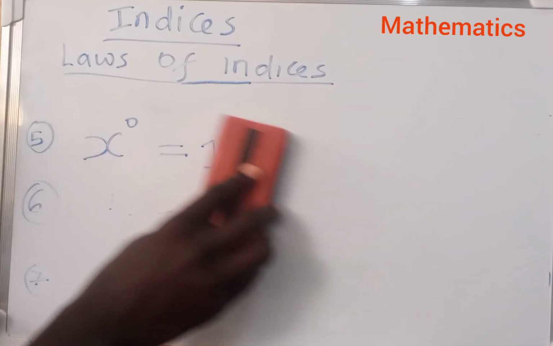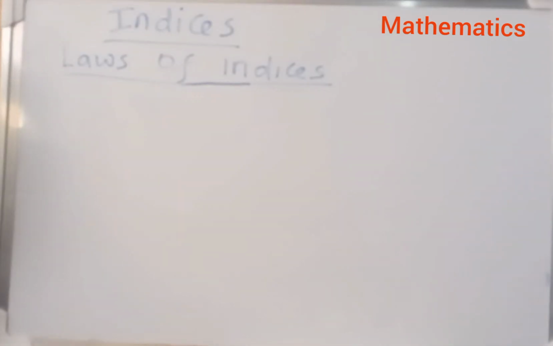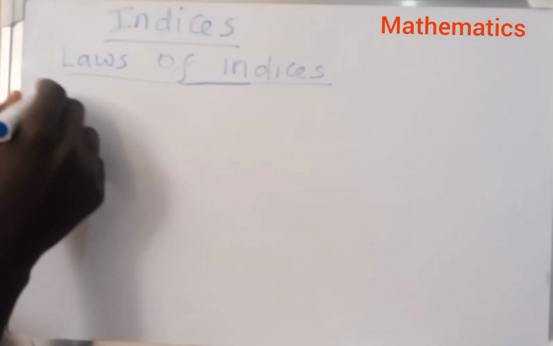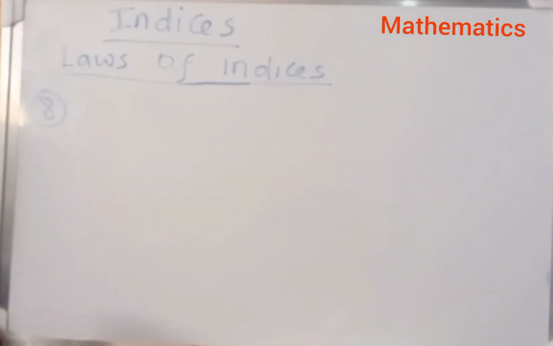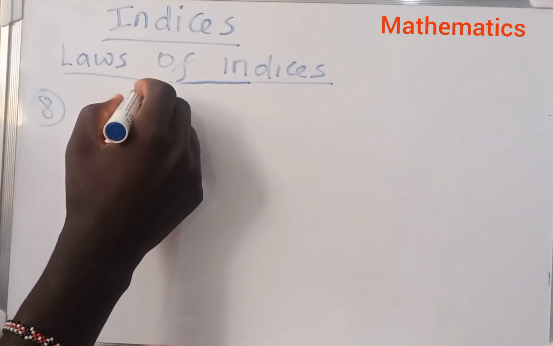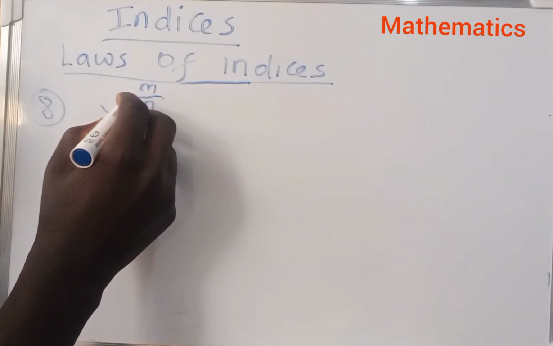Now, we can look at the eighth law of indices, number 8. Number 8 is x raised to m over n. This one will be the nth root of x, raised to m.